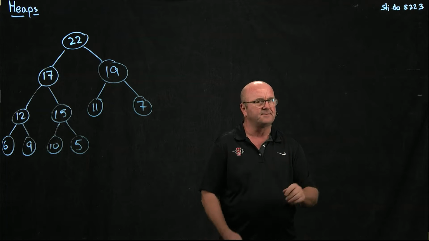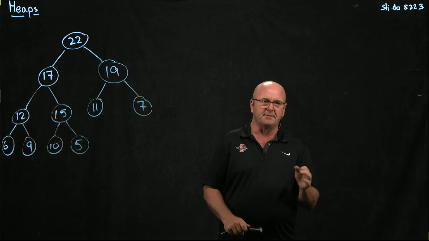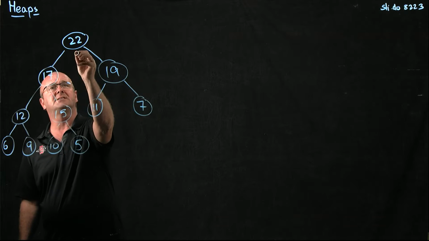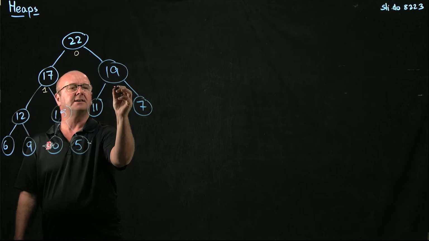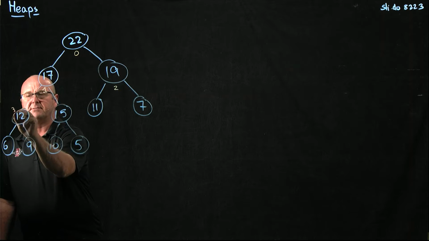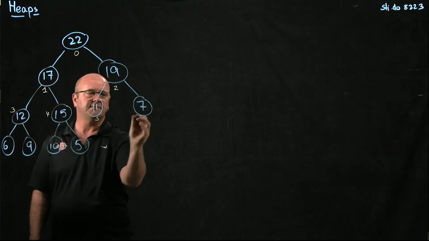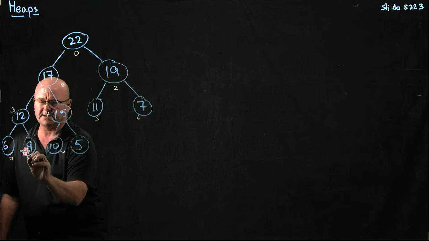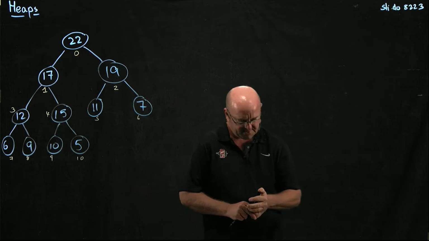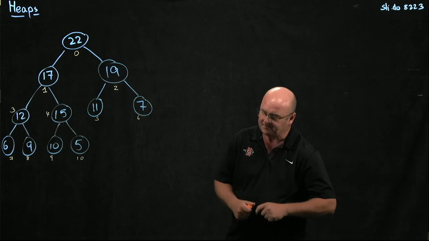And the 4th way was a level order traversal. I want to number these nodes as if we would visit them in a level order traversal. Okay, so 0, 1, 2, 3, 4, 5, 6, 7, 8, 9, and 10. Okay, so 10 nodes.